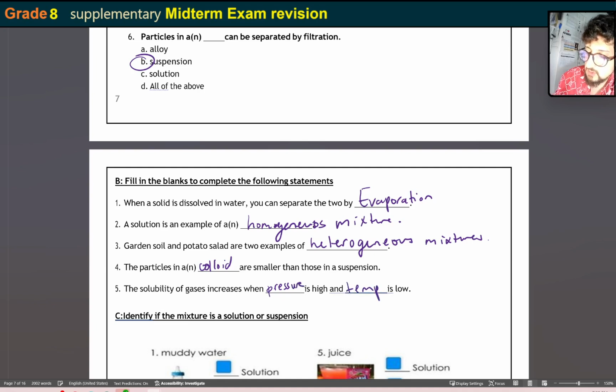Okay, so gases are soluble. Some gases are certainly very soluble. If you think about fish, for example, fish actually breathe oxygen, just the same way we do. However, it's oxygen that's dissolved in water. We breathe oxygen that's mixed in the air, right?